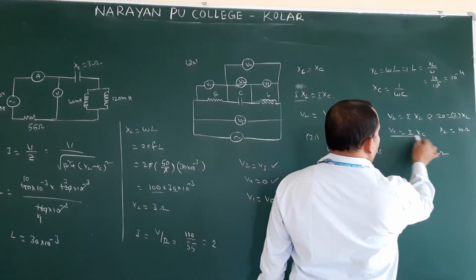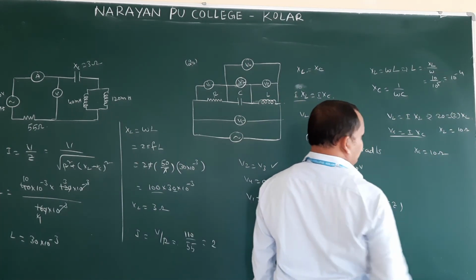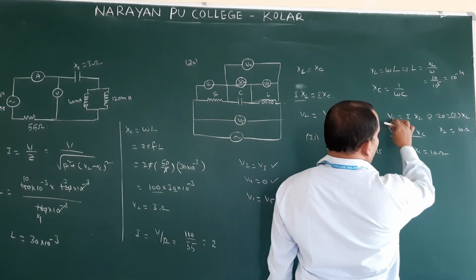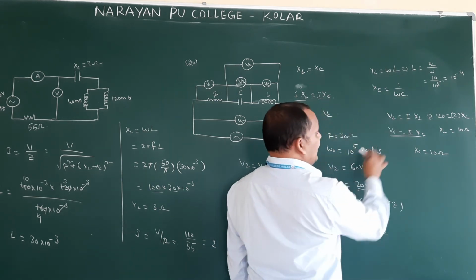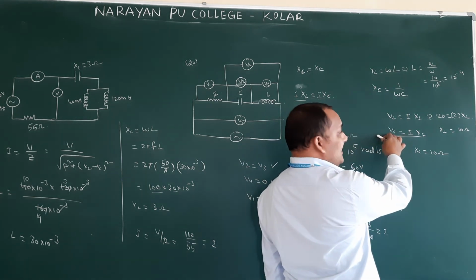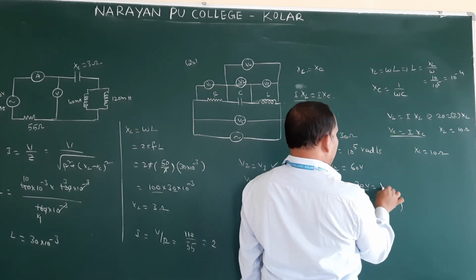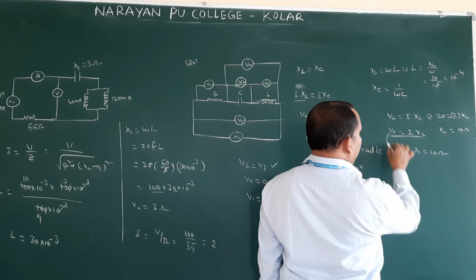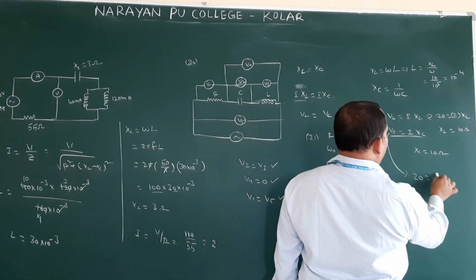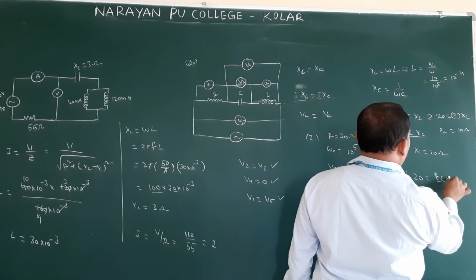VC value how much? Voltage across inductor and voltage across capacitor both will be same. Why? Because the condition is resonance. VC value is also the VL value. Therefore VC value you can take 20, I value 2, XC.